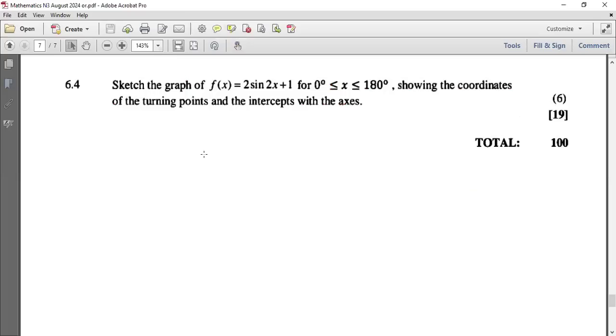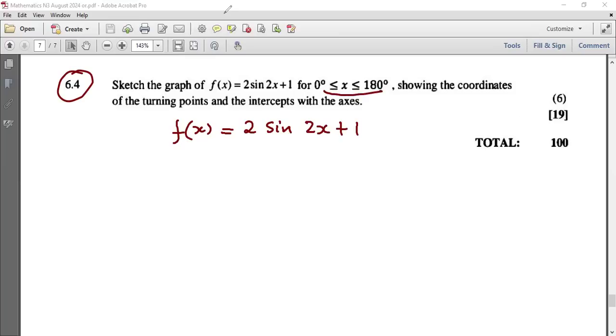So if you are to check, sketch the graph of f of x. That's our 6.4, right? Sketch the graph of f of x is equal to 2 sine 2x plus 1 for this interval.